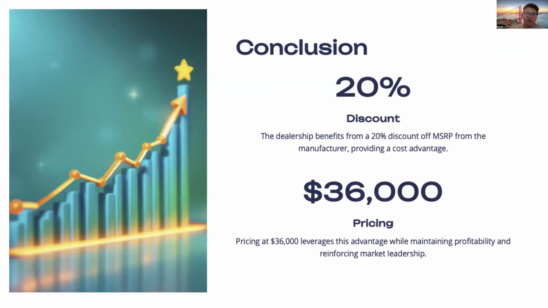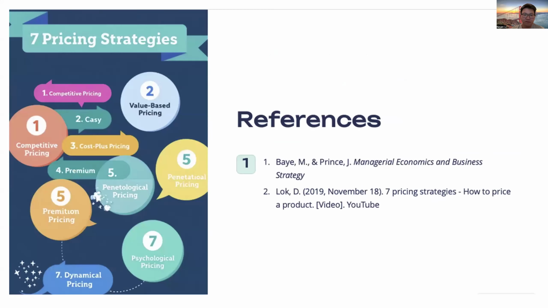In conclusion, the dealership definitely benefits from the 20% discount off the MSRP, which is the suggested retail price from the manufacturer, providing a cost advantage. So overall, setting the pricing at 36,000 leverages this advantage while maintaining profitability and reinforcing market leadership.